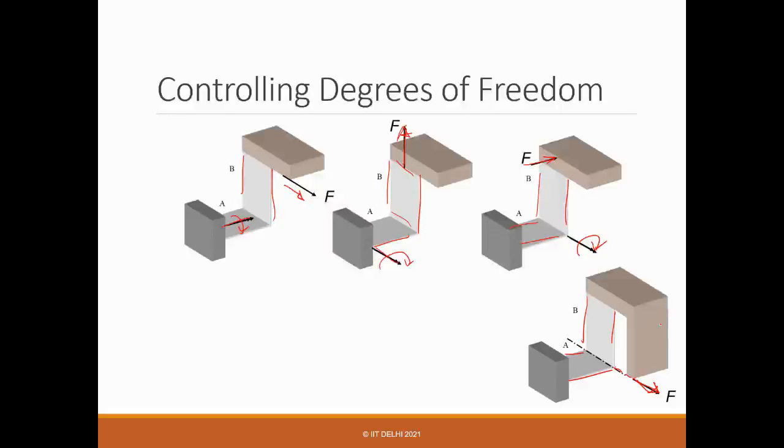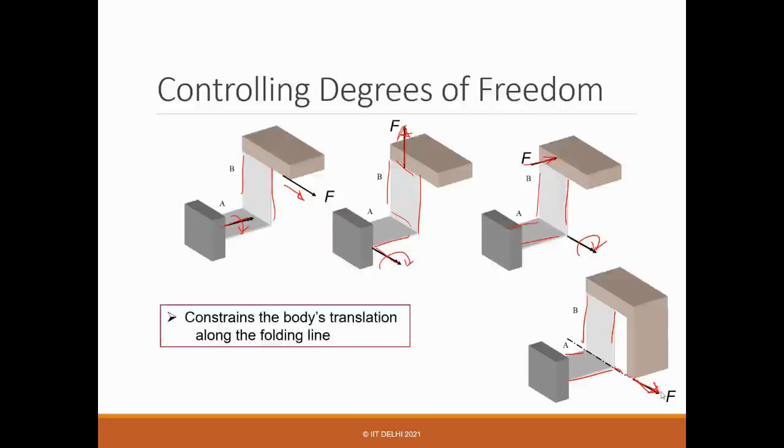and that's why you get a very high stiffness along this direction, and that's the reason you get constraint along this line. So this configuration will give you a very good translation constraint. What it says is that it constrains the body's translation along the folding line.